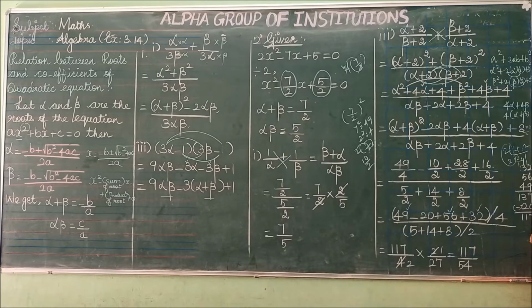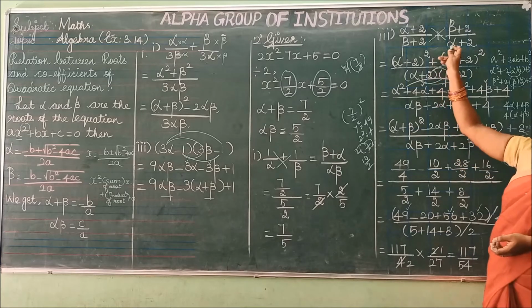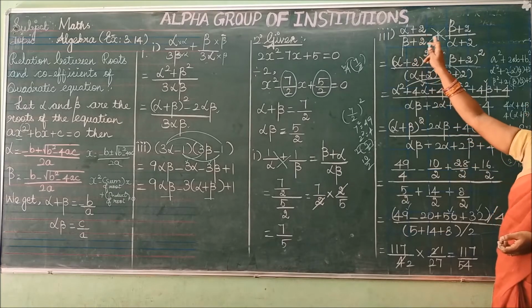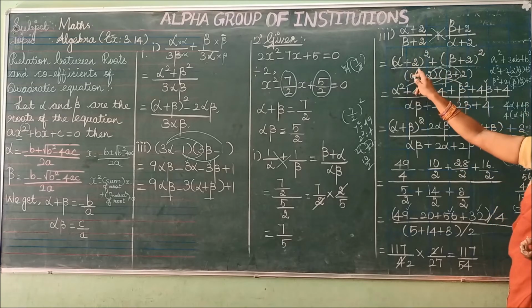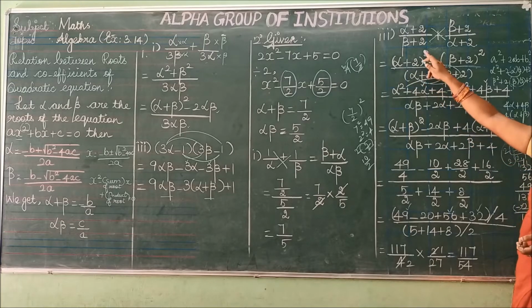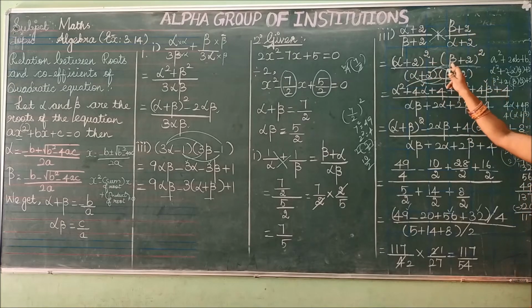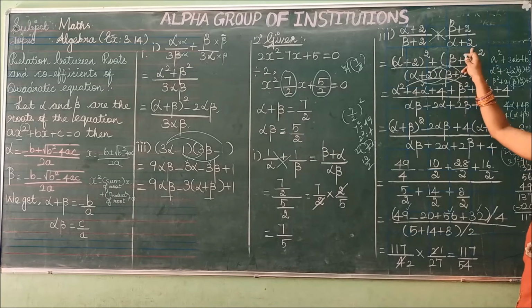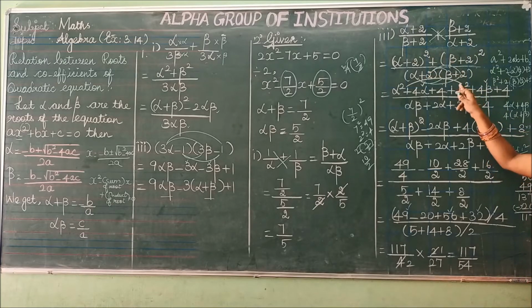So listen once again carefully. If they are given like this, you first have to check whether the denominators are equal or not. Here the denominators are not equal, so you can use the cross multiplication method. Cross multiplying: alpha plus 2 into alpha plus 2 is alpha plus 2 whole square, plus beta plus 2 into beta plus 2 is beta plus 2 whole square, divided by alpha plus 2 into beta plus 2.